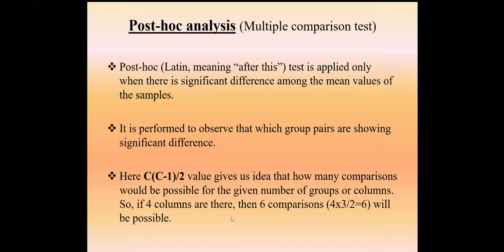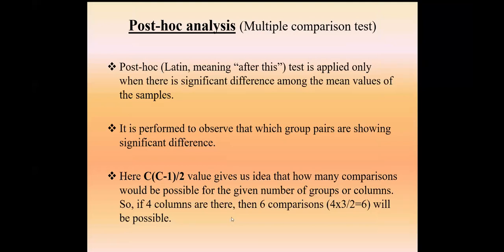Through this test, we shall be able to know which of the pairs are significantly different from each other. So this test helps us to know whether there is significant difference among the mean values of the samples. It is performed to observe which group pairs are showing significant difference.